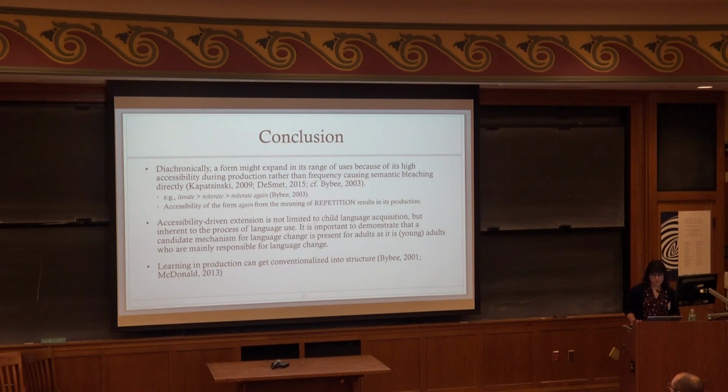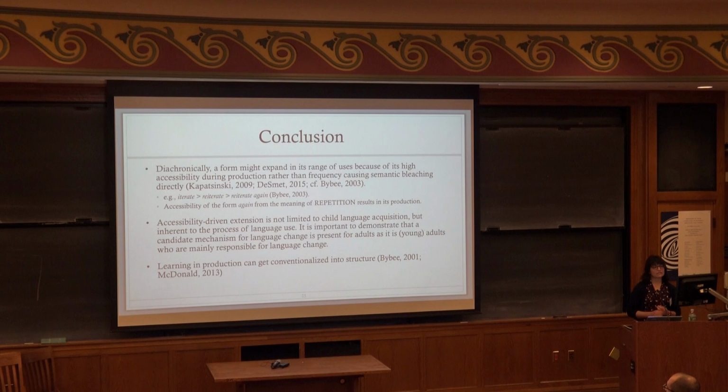Diachronically, a form might expand in its range of uses because of its high accessibility during production, rather than frequency causing semantic bleaching, which is an argument that has been made by Joan Bybee. She gives this very interesting example: the verb iterate becomes reiterate, and becomes reiterate again.